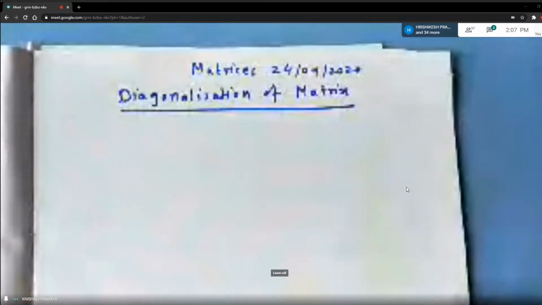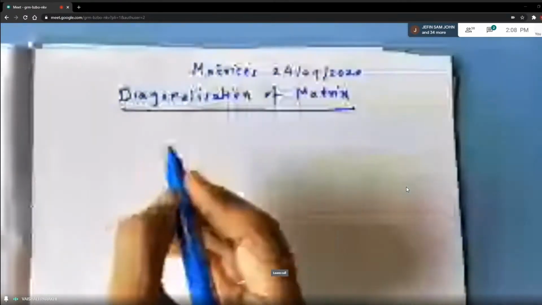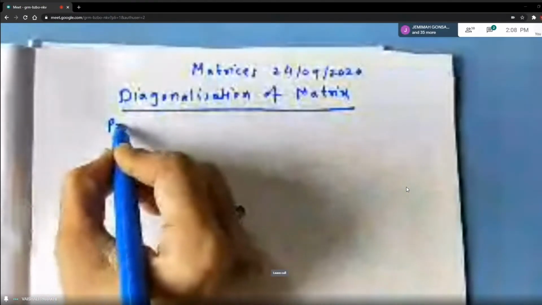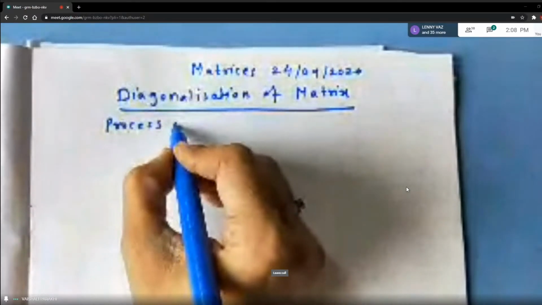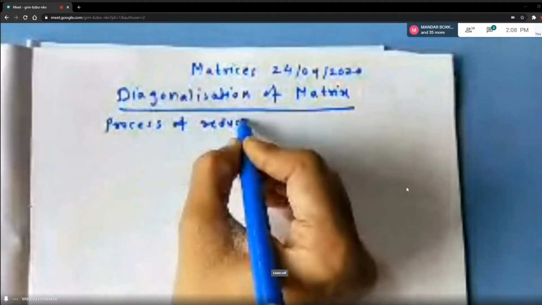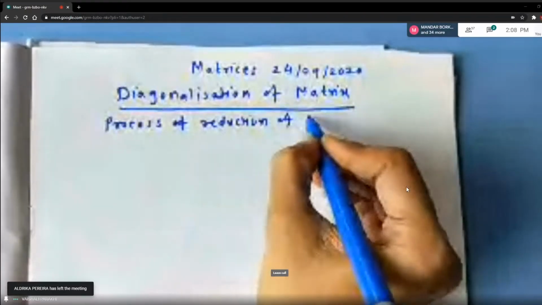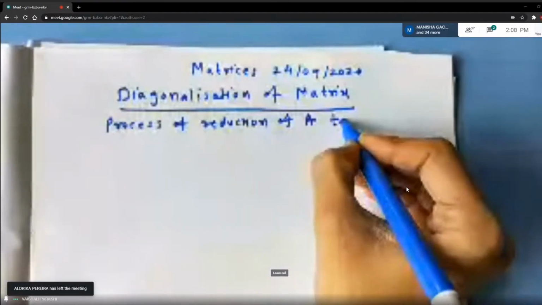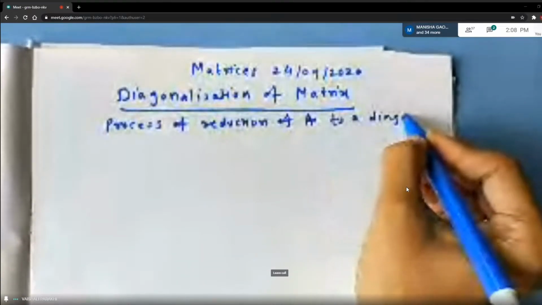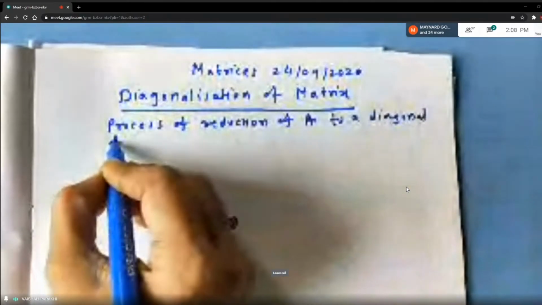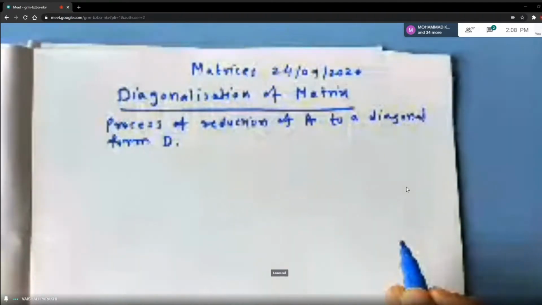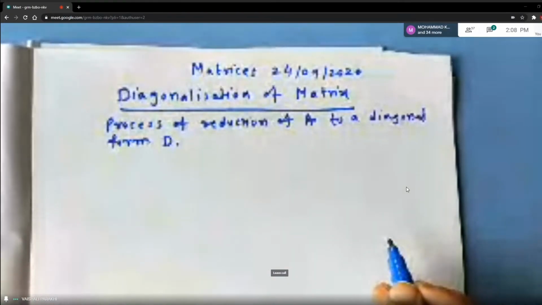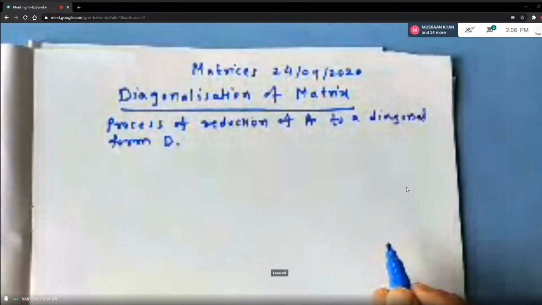The meaning of diagonalization is, it is a process of reduction of matrix A to a diagonal form denoted by letter D. So, when a square matrix is given, how to convert it into the diagonal form?